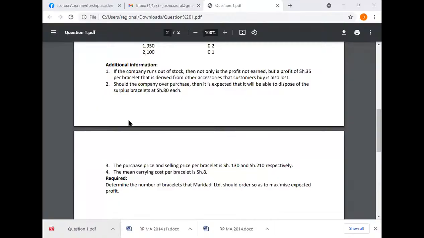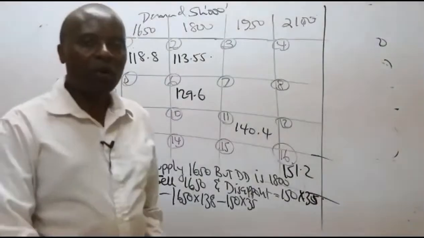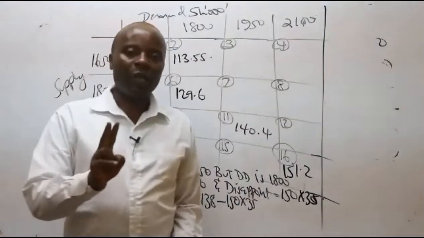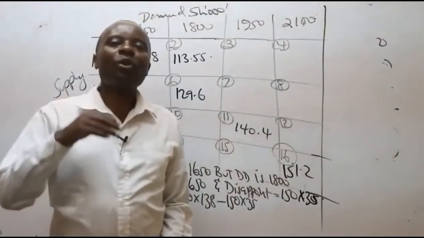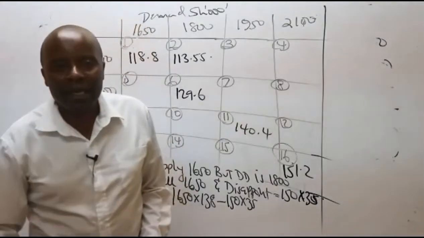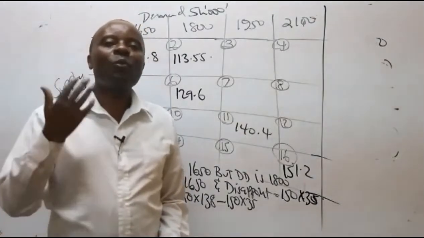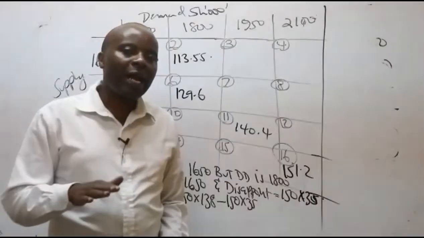We are told in number 2, should the company overpurchase, then it is expected that we'll be able to dispose of the surplus bracelets at 80. Yani, ukiwa na samaki wale 10, wateja wamekuja wawili. So the excess fish that we are not able to sell, you will be able to get another market which will buy them at a very low price.